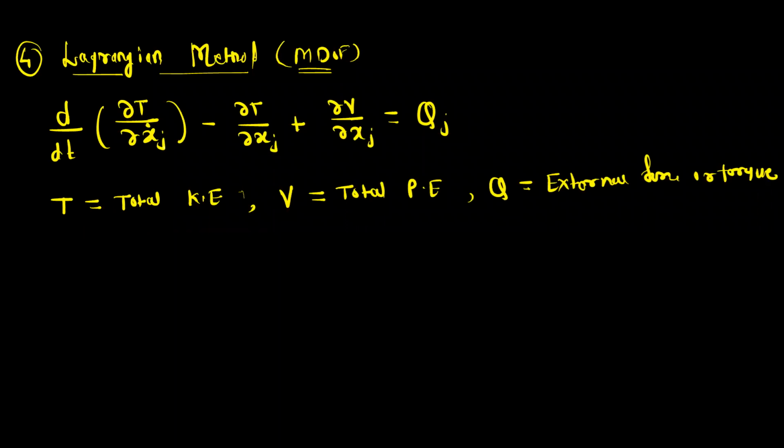This x j value, j, takes the values 1, 2, up to the degrees of freedom. If the system is a single degree of freedom system, then it is one value. For 2 degrees of freedom, this will vary from 1 to 2.